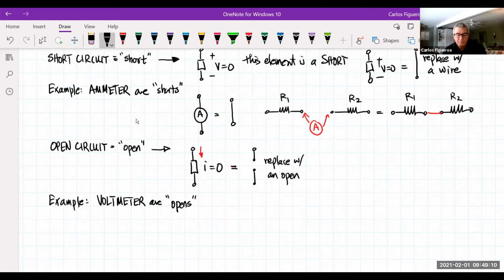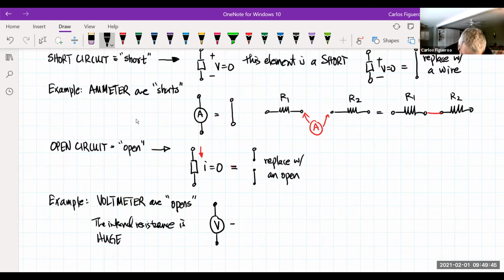Now, why isn't a voltmeter an open? The reason is that the internal resistance of a meter is huge. Typically they are of the order of a couple 100 million ohms. And so when you're looking at a voltmeter, you can replace the voltmeter with an open.